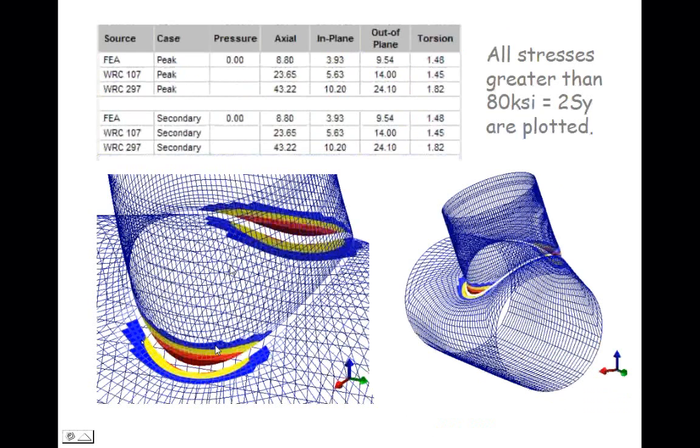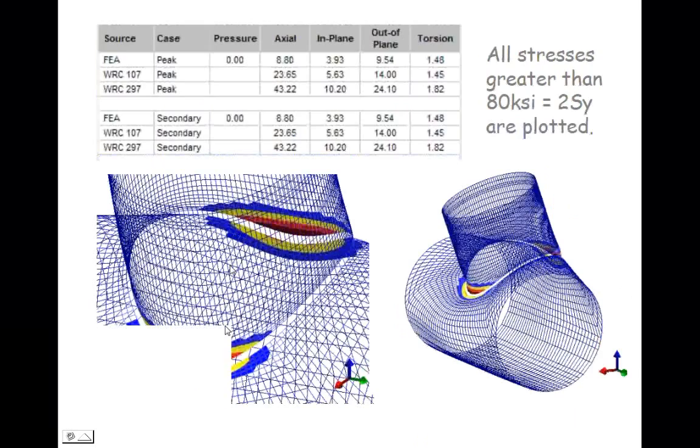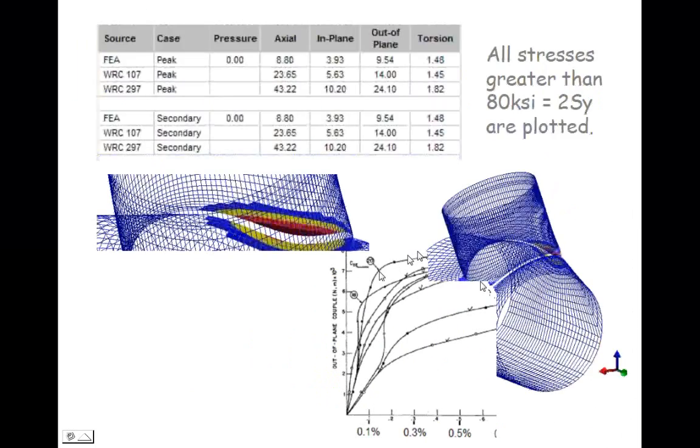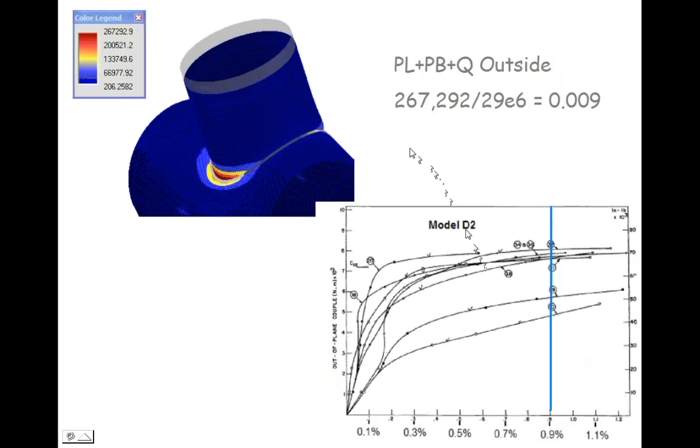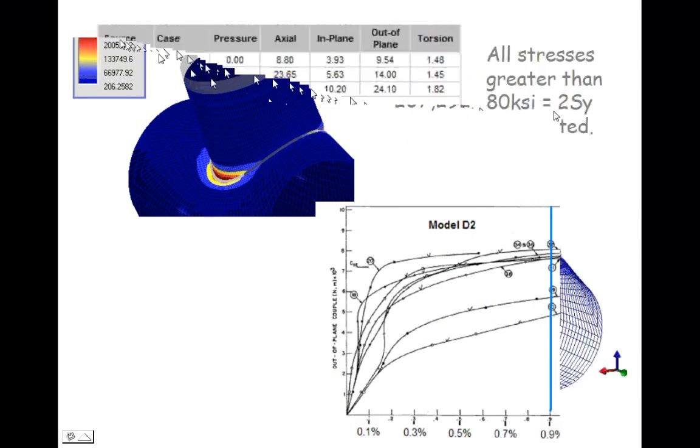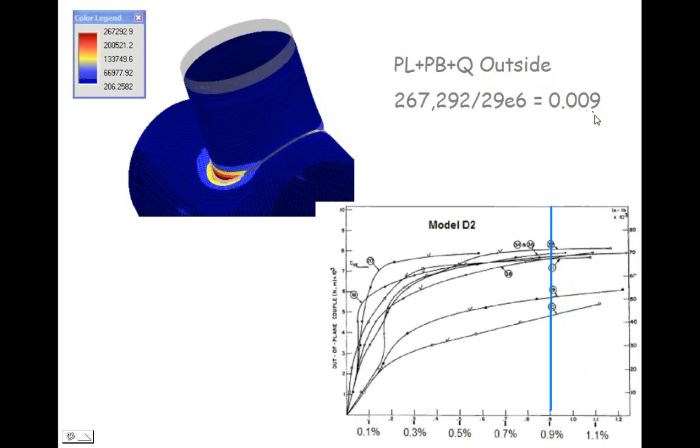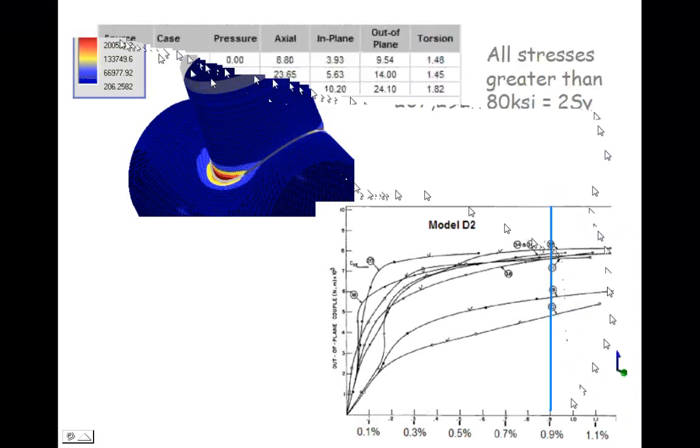So here are the parts of the model that are in excess of 2 times yield for the collapse load on this fairly thin intersection. If we go back to the plots of strains, take our calculated maximum stress, which is 267,000 psi for the collapse moment, divide by the modulus, we get a strain of 0.009 or 0.9%, which is right about here, which is a very reasonable calculation for the elastic finite element model.